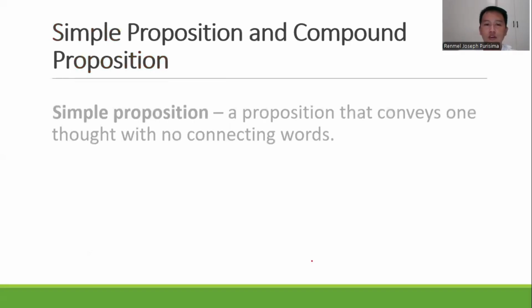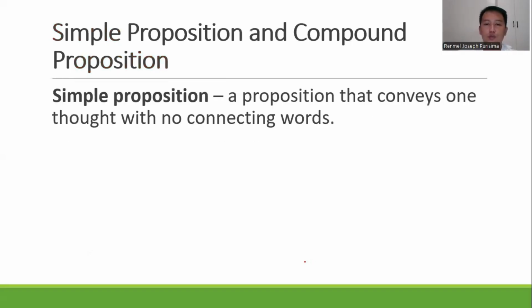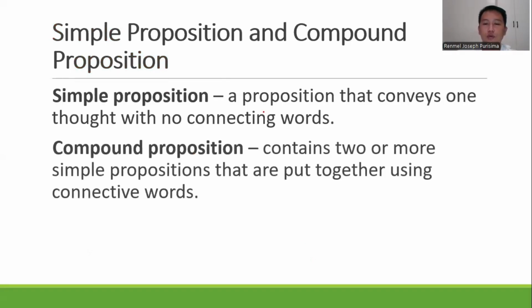Now we have simple propositions and compound propositions. A simple proposition conveys only one thought with no connecting words. On the other hand, compound propositions contain two or more simple propositions which are put together using connective words.